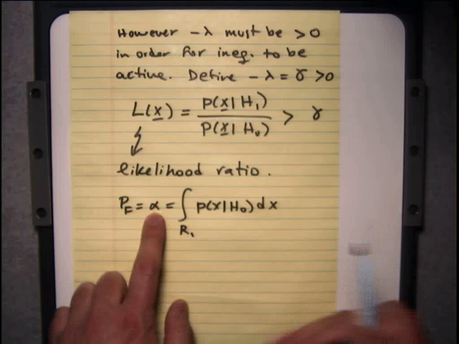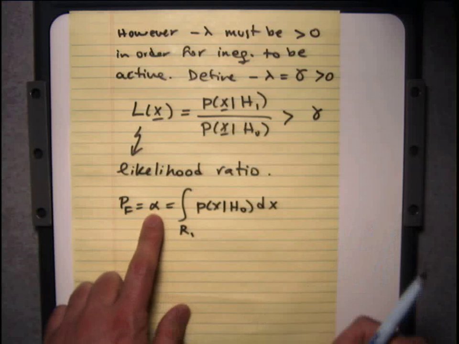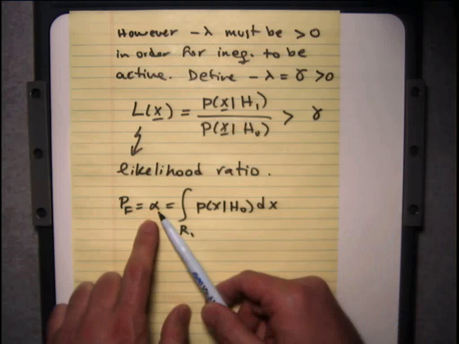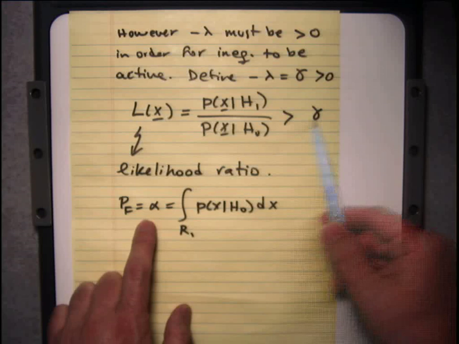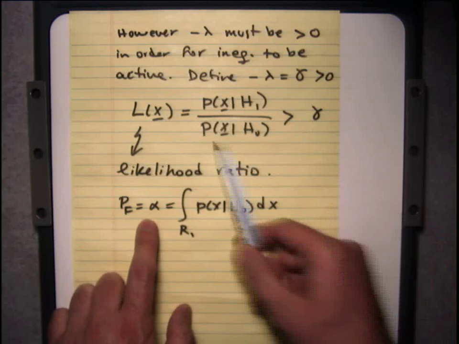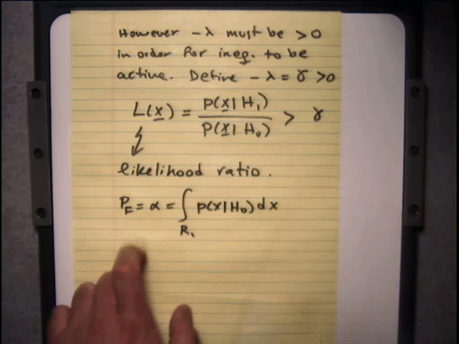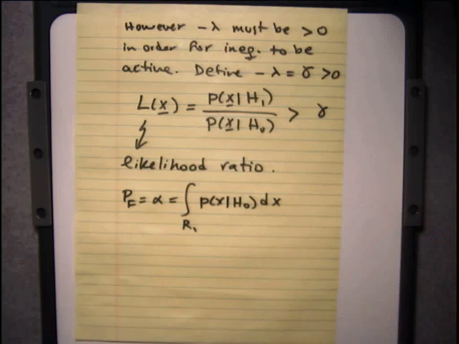You fix it. That alpha then implies a gamma. That alpha fixes the gamma. And then this ratio is compared to that gamma. This is the bottom line behind doing the likelihood ratio test.